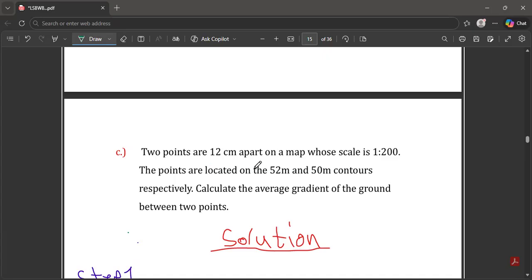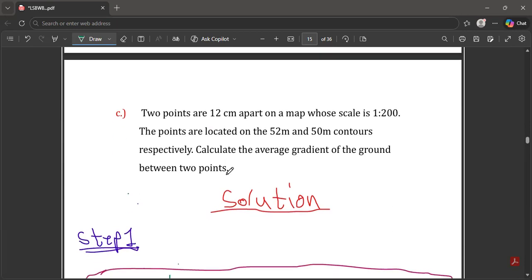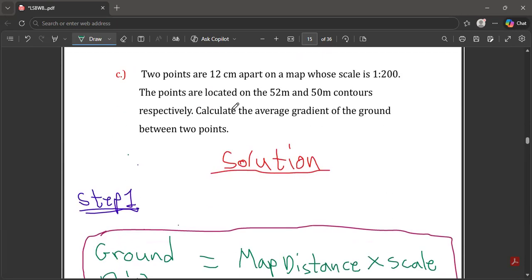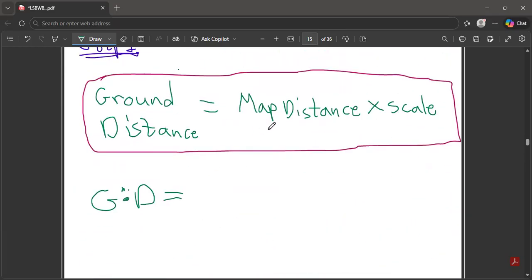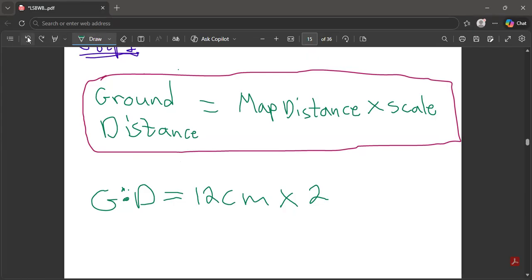So we just use that to do our multiplication so that it can enhance the process. Okay. So from here we can now say that 12 centimeters times 200. The scale will also be there. Don't get confused.